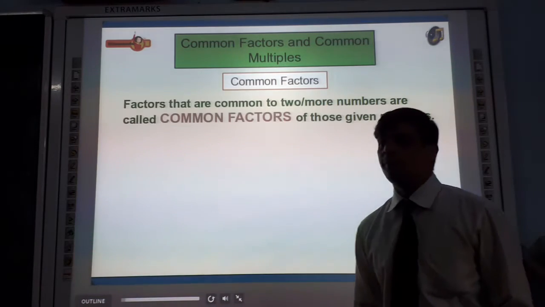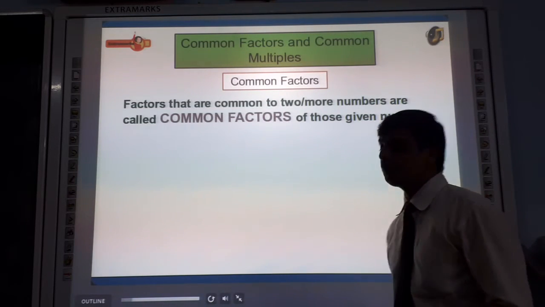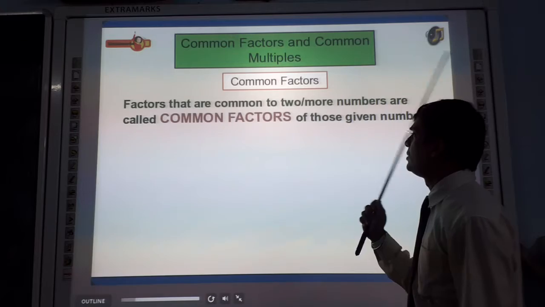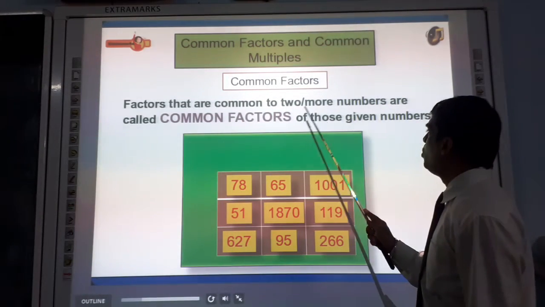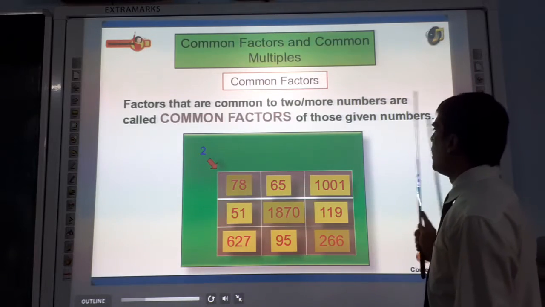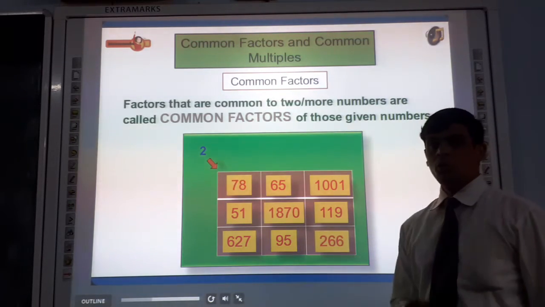Now next topic, common factors and common multiples. Okay, look at this. Common factors. Factors that are common to two or more numbers are called common factors of those given numbers. Show the diagram.